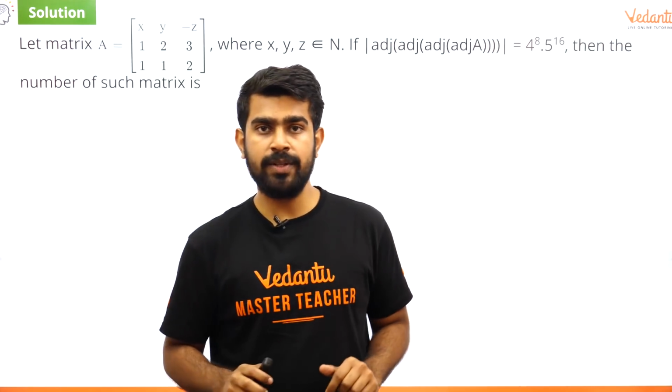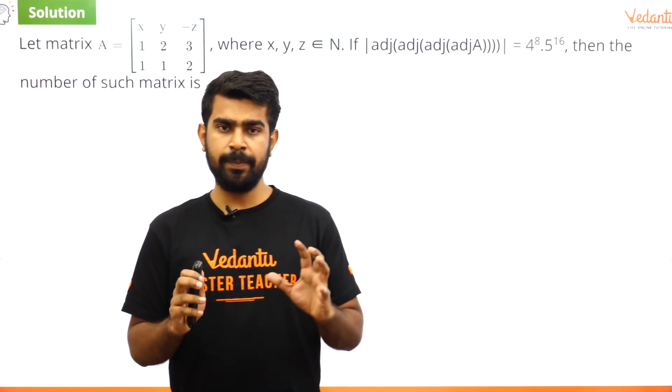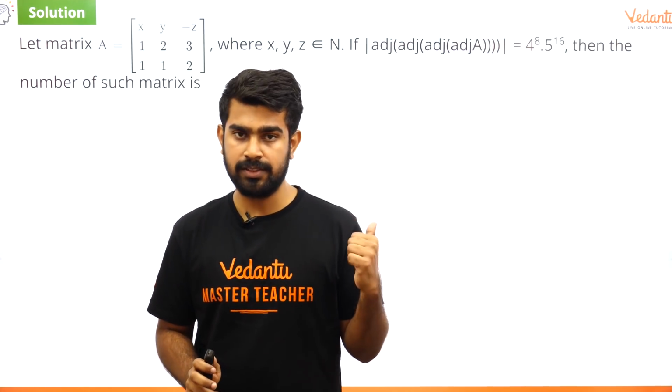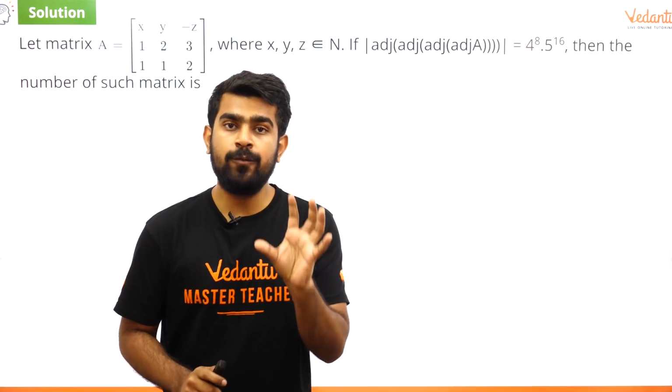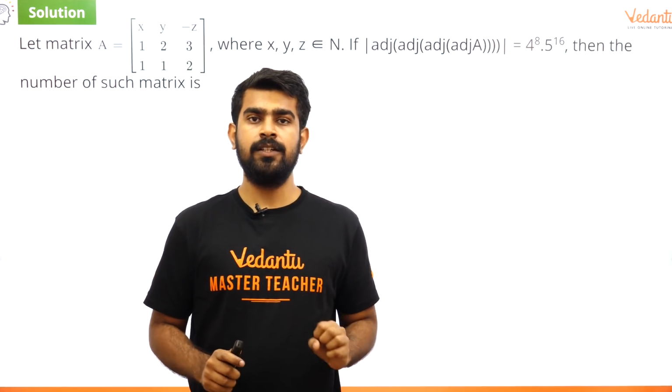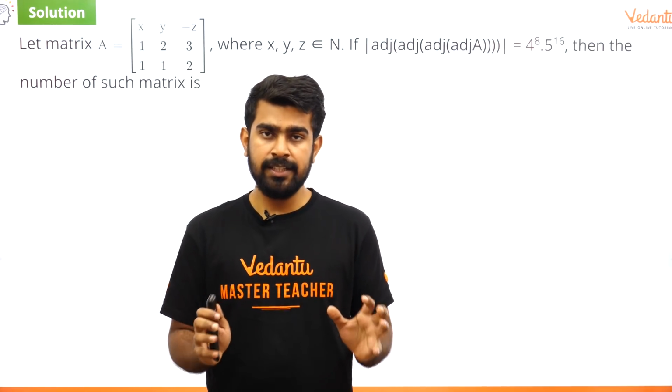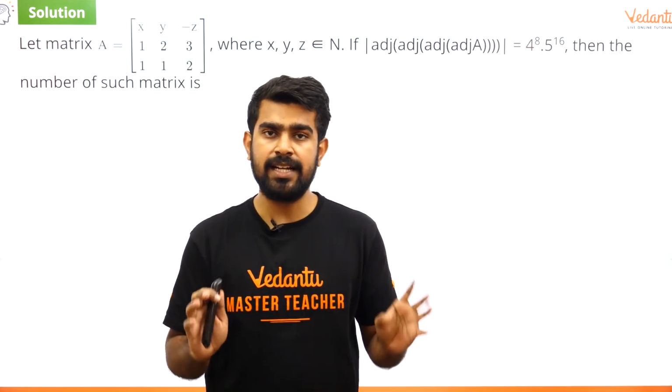I'll try to solve it for you guys from scratch, addressing most of the basic concepts which is required for this. Okay guys, so let us get started. The first thing which I want all of you to know is what do you mean by adjoint. You should have a clear idea about what is adjoint and the properties associated with adjoint.